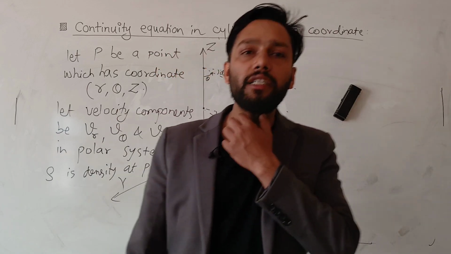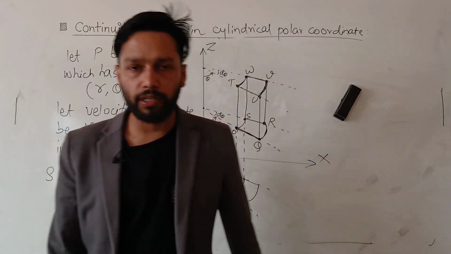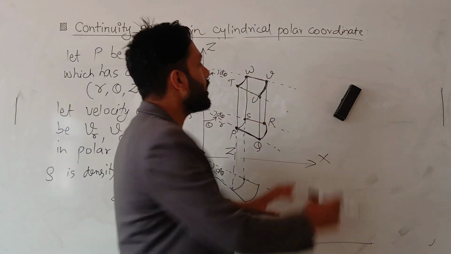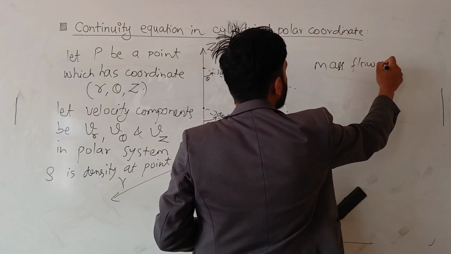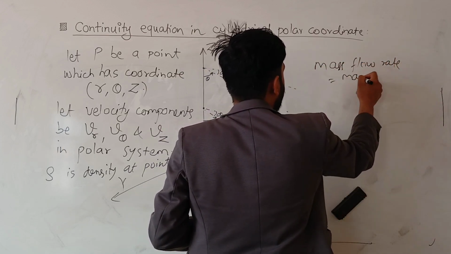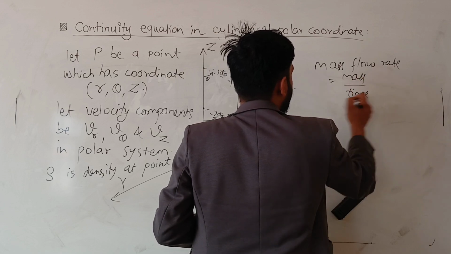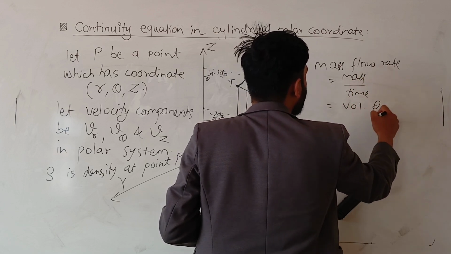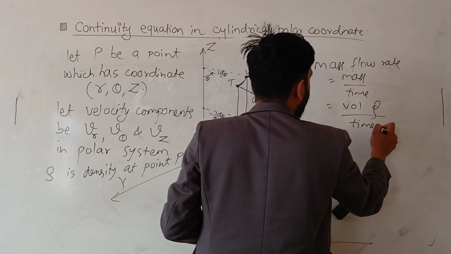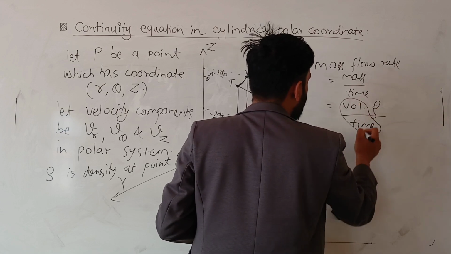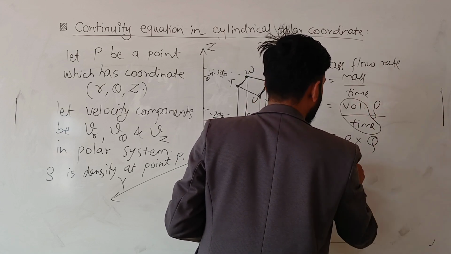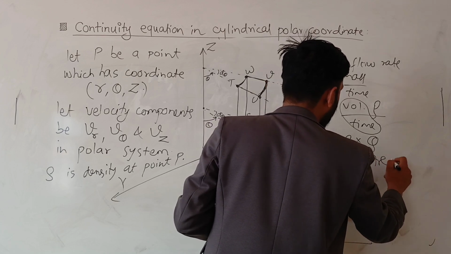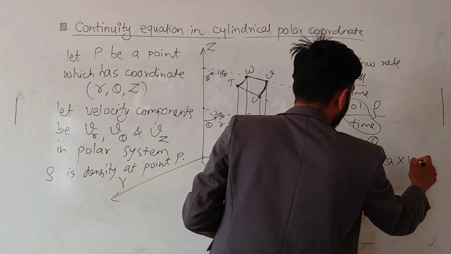So let's understand what the mass flow rate is first. Mass flow rate means mass by time, and mass means volume into density, so volume by time is discharge, and density into discharge Q is finally rho into area into velocity.